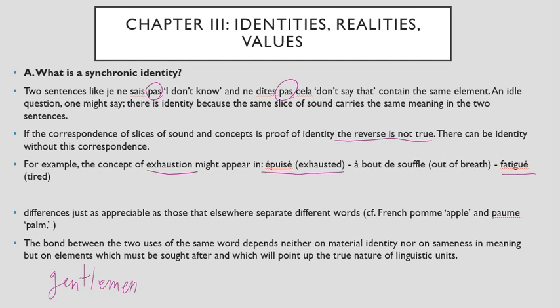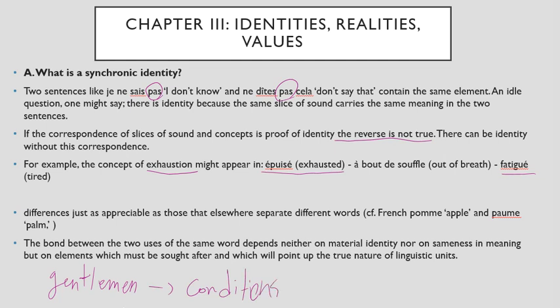I shouted a little bit. I don't know if you understood the three different forms that I just tried to make, but I pronounced it in different ways. Each time I made a phonic difference in pronouncing this word, and each time the meaning is the same. Gentleman means one thing. But the bond between the two uses of the same word doesn't depend on the sameness of the sound or the sameness of the meaning, but on elements which must be sought after and outside it, which are the conditions.